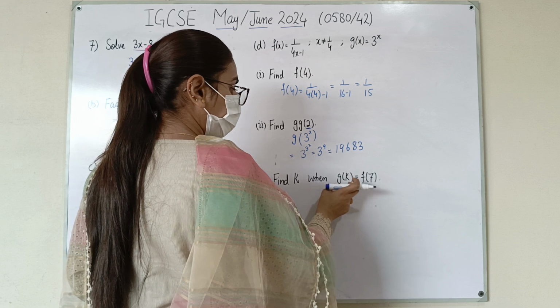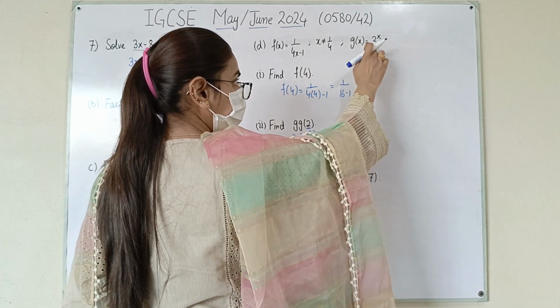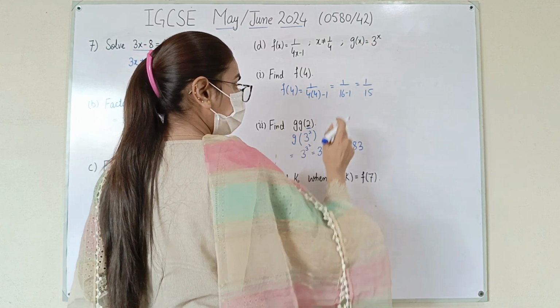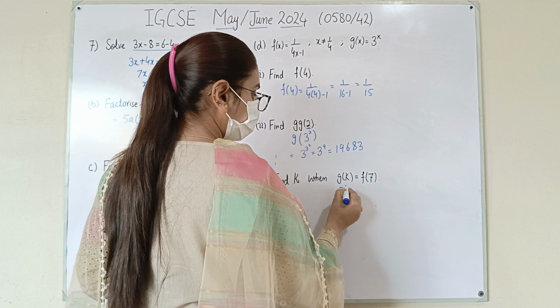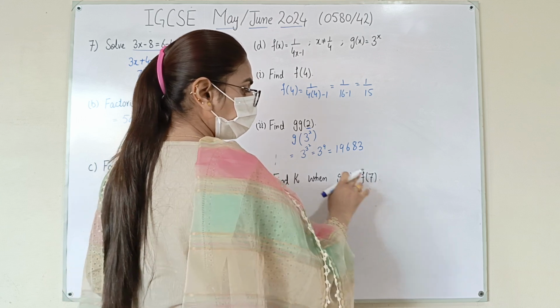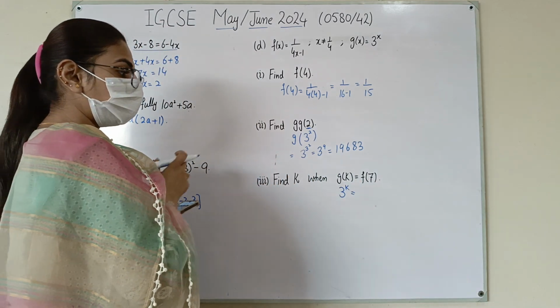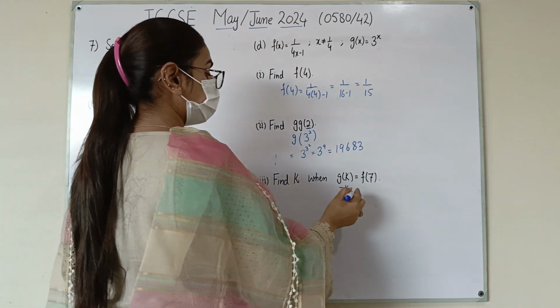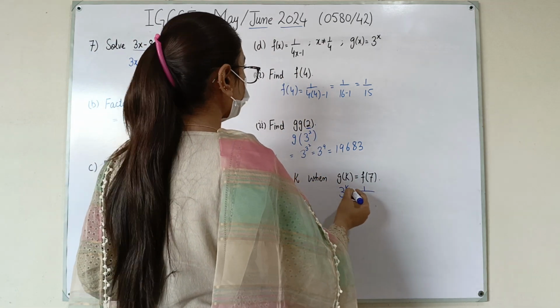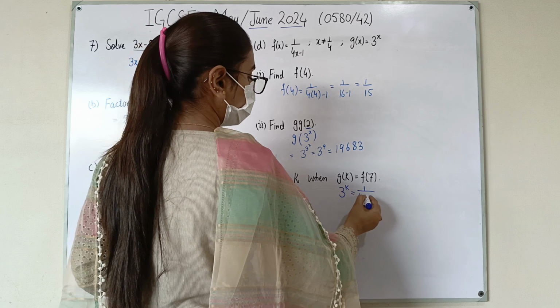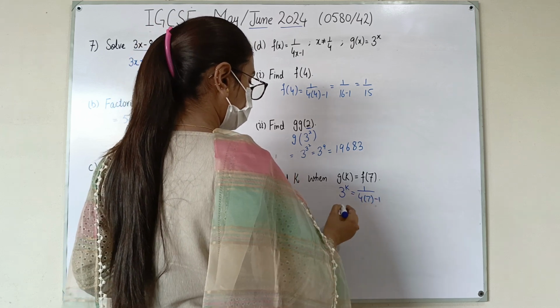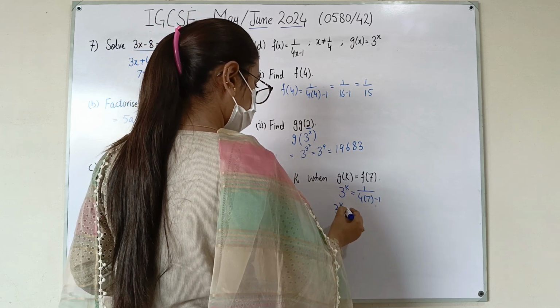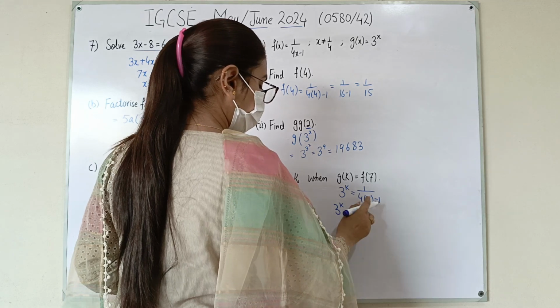So g of k will be 3 power k, while for f of 7 you have to simply substitute 7 in place of x in the function f.